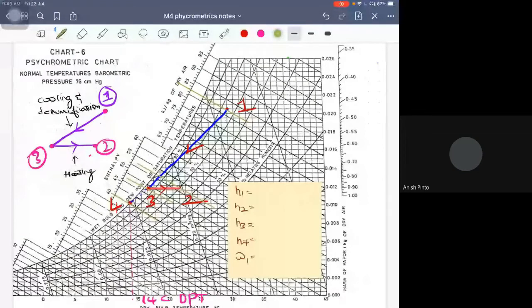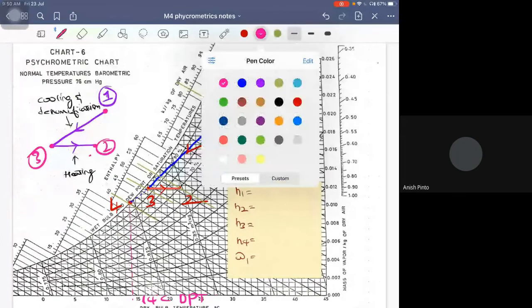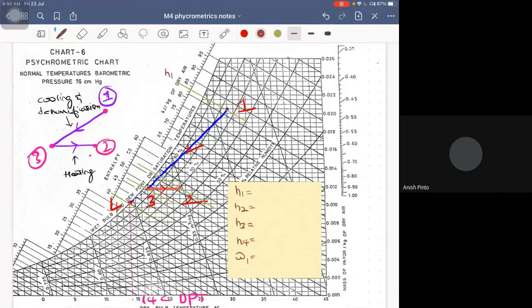Yes, sir, visible. Okay, fine. So now, look. Here I can get the value of H1. This is the value of H1, this is the value of H2, this H3, and this is H4. Can I get the values now?